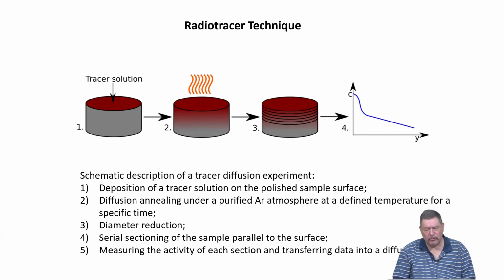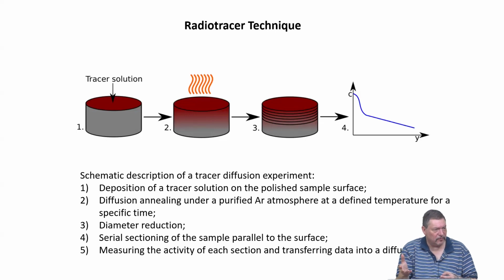And then you do the diffusion annealing. So you put the whole material, maybe wrapped in a protective molybdenum or tungsten foil, into a purified quartz glass tube, which is filled with very pure argon, or you could use any other inert gas, put into a furnace, and the temperature is controlled very accurately over the whole time of your diffusion annealing.